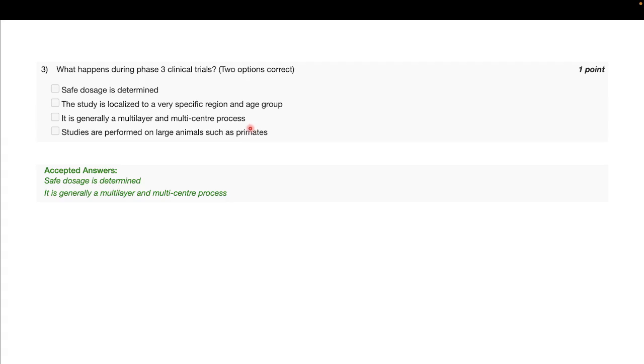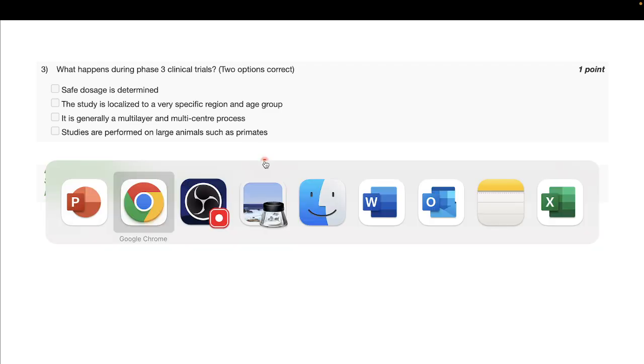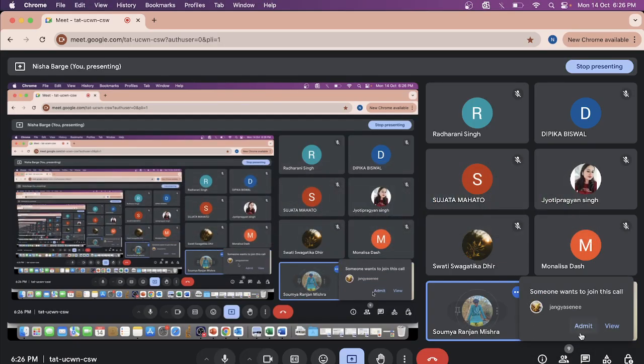When you say primates here, these are non-human primates, basically your monkeys. So monkey studies don't happen in phase 3 clinical trials. These are usually done before you take your formulation to clinical trials. Is it okay? Yes. Yeah.